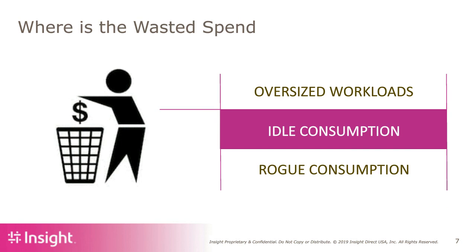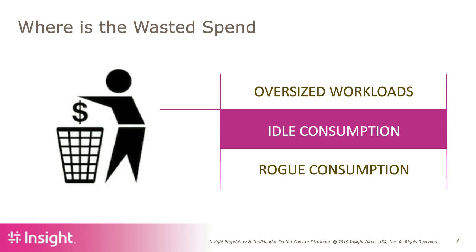So where we see wasted spend, quote unquote wasted spend, is that as customers move to the cloud, oftentimes they move with oversized workloads that are outsized for their actual needs. We see idle consumption where there are resources running and just creating a growing consumption number that is unnecessary.